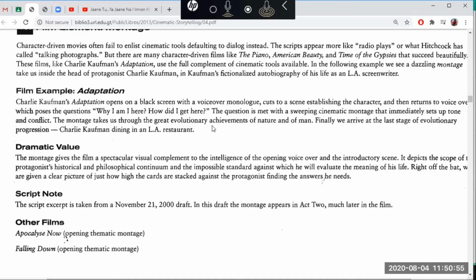It introduces us to the scene, and it depicts the protagonist's historical and philosophical continuum, which means if a relationship is disintegrated, it gives you a historical perspective. It also gives you a philosophical perspective.